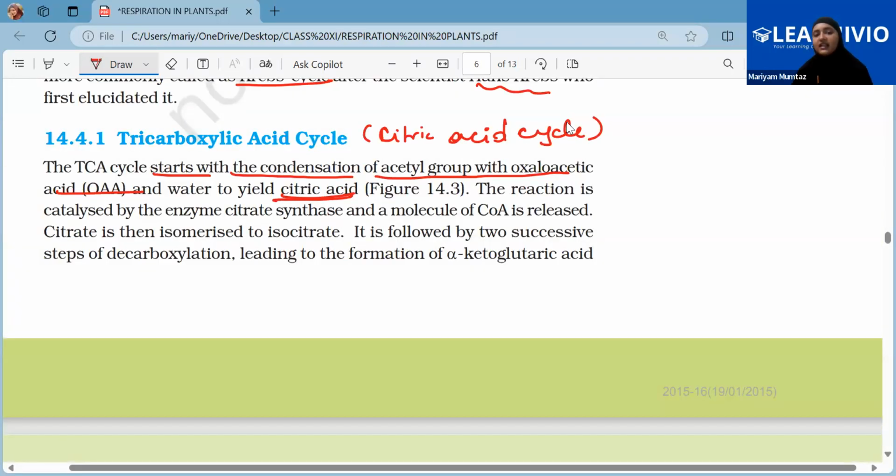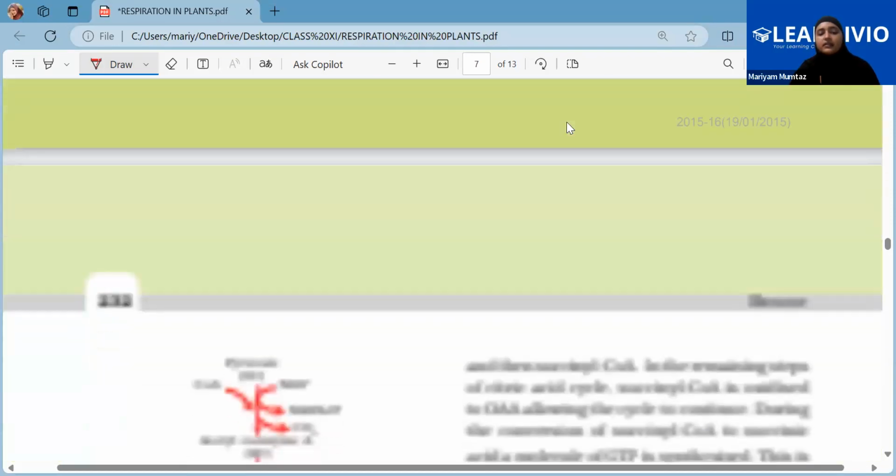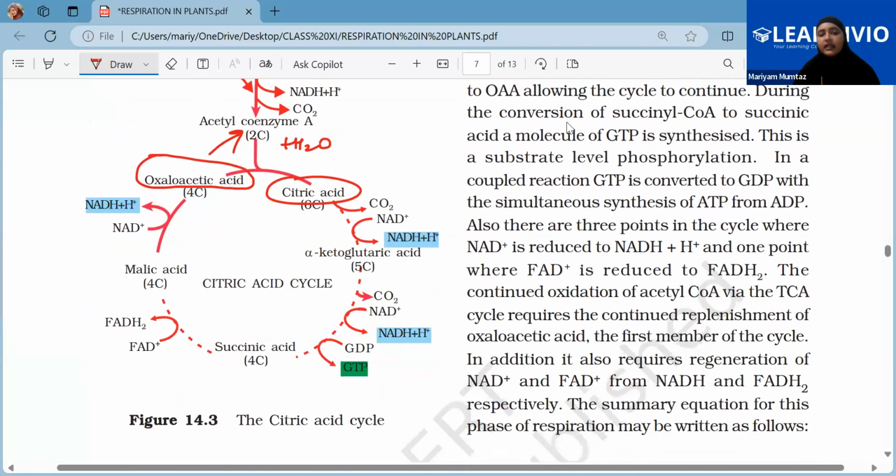The reaction is catalyzed by the enzyme citrate synthase, and the molecule of coenzyme A is released during this step. Citrate, or the citric acid that is formed, gets converted into isocitrate, and later on it gets converted into alpha ketoglutaric acid.